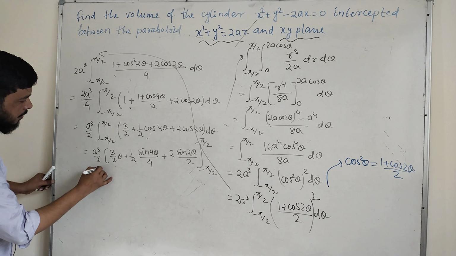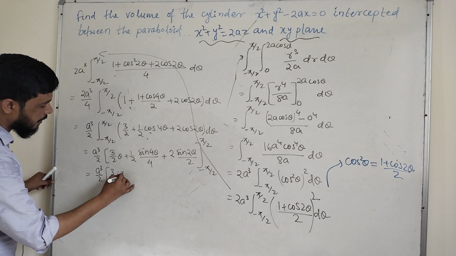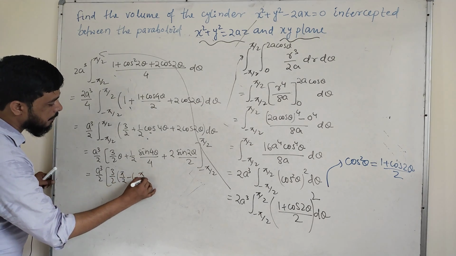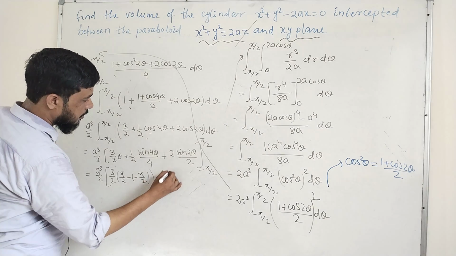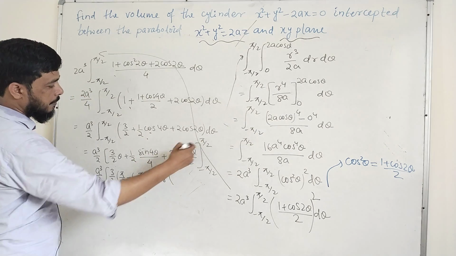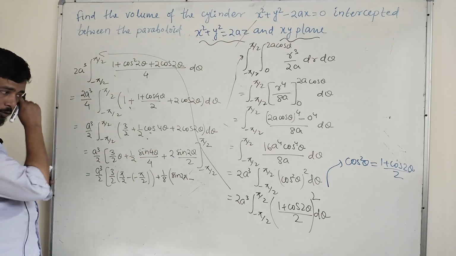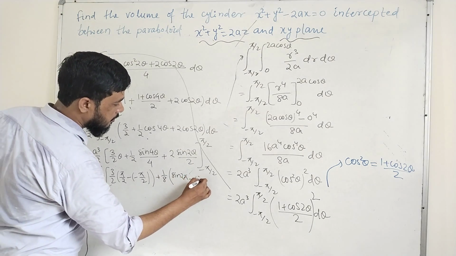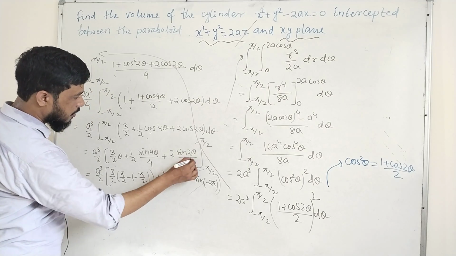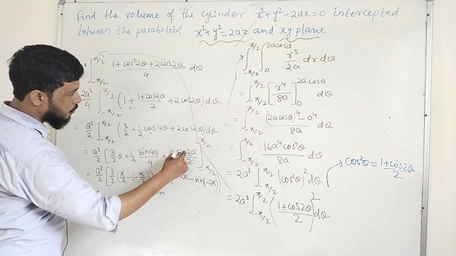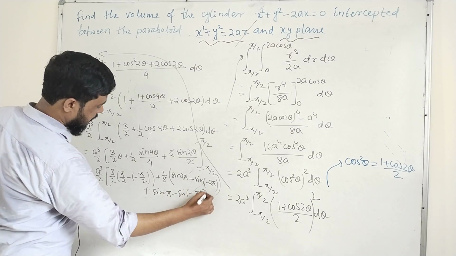Put the limit. A cube by 2, 3 by 2 times pi by 2 minus minus pi by 2, plus 1 by 8, and this is sin 4 into pi by 2, that is sin 2 pi, and when we put theta is equal to minus pi by 2, then it is sin minus 2 pi, plus sin 2 into pi by 2, sin pi minus sin minus pi.